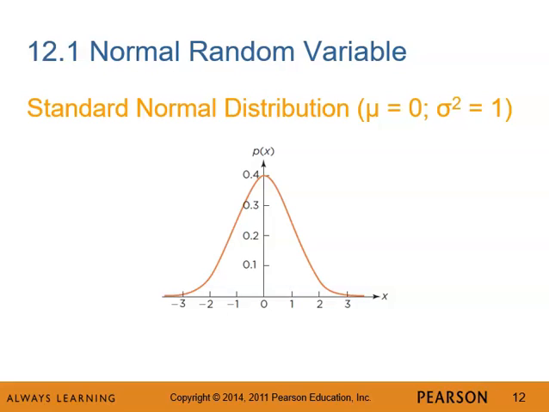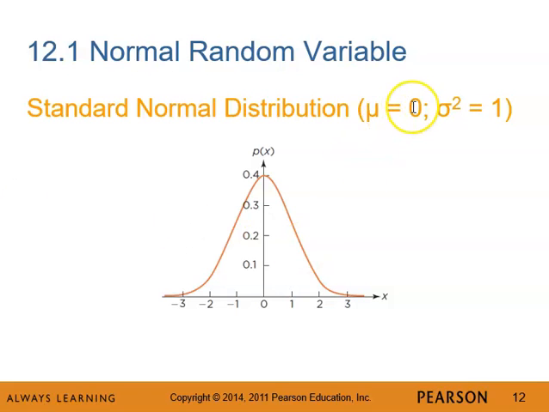So any average, doesn't matter what your measurement is, you can actually transform it into 0, and any sigma square or any standard deviation you can transform it to 1.